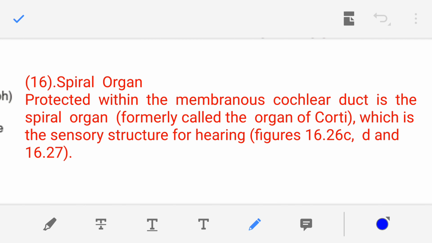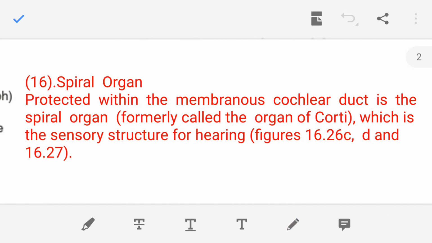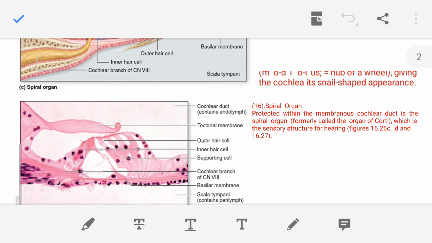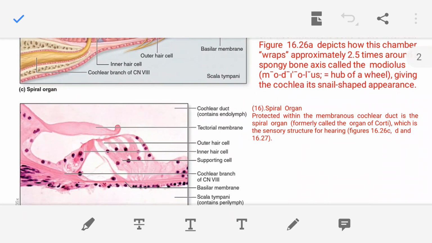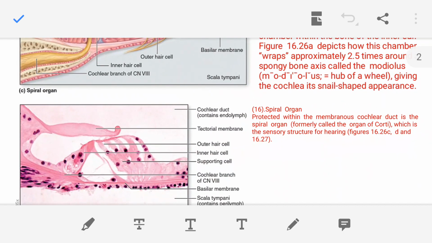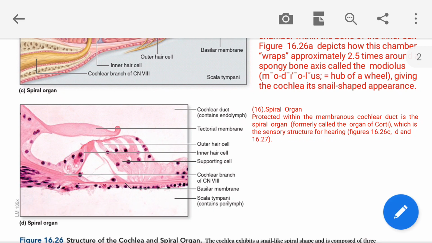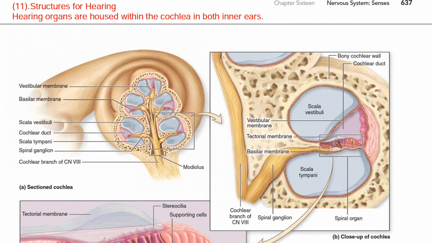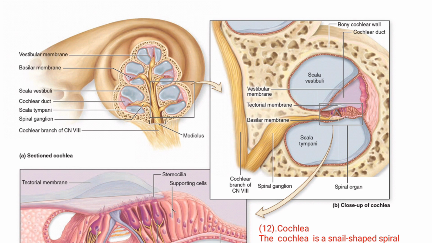What role is the spiral organ playing? The spiral organ is a sensory structure involved in our hearing process. Let me show you this entire figure once again.